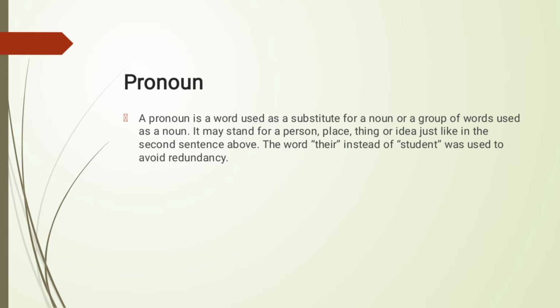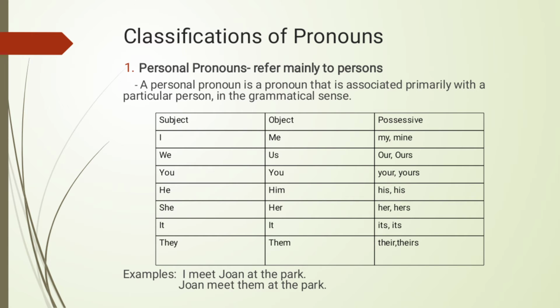There are 8 classifications. And the first classification of pronoun is personal pronoun. A personal pronoun is a pronoun that is associated primarily with a particular person in the grammatical sense. A personal pronoun is a short word we use as a simple substitute for the proper name of a person.